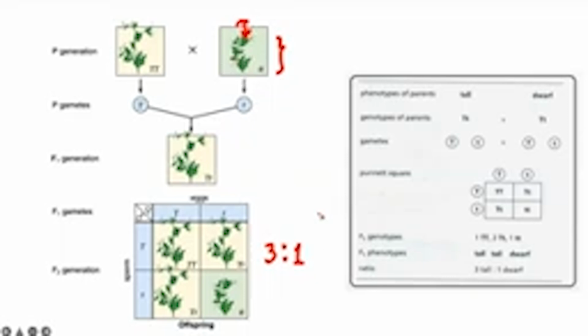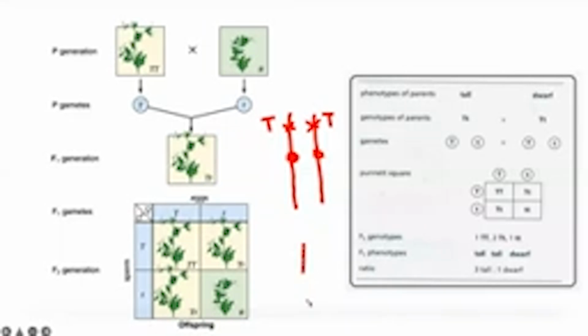And if this gene can be assigned a name, say the tall gene, and this tall gene is somewhere on one of the chromosomes of the pea plant, let us say over here. Then we say that the true breeding tall plant has two alleles, TT, and the dwarf plant also has two alleles of the same gene, which is tt. Remember, small t and capital T are the same gene in the same location on chromosomes.